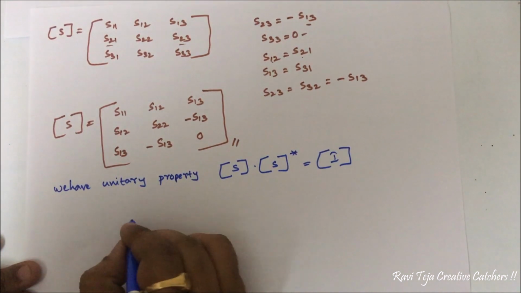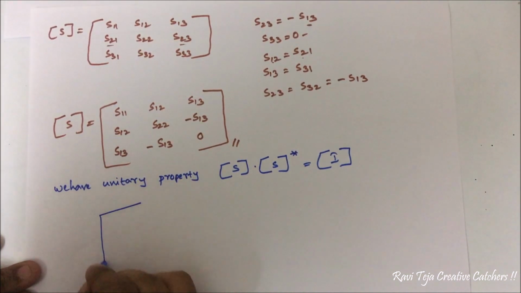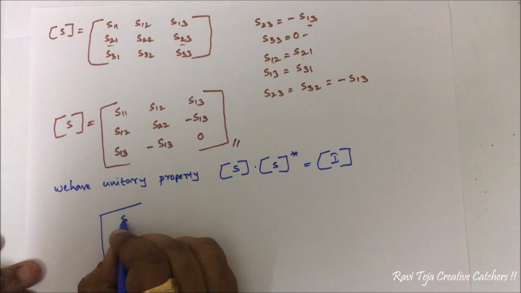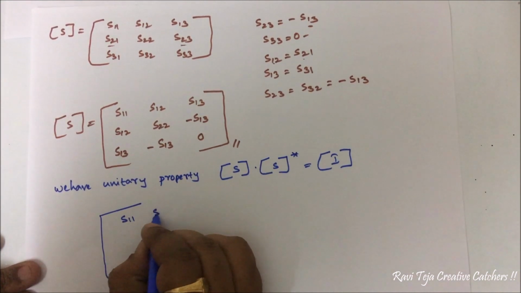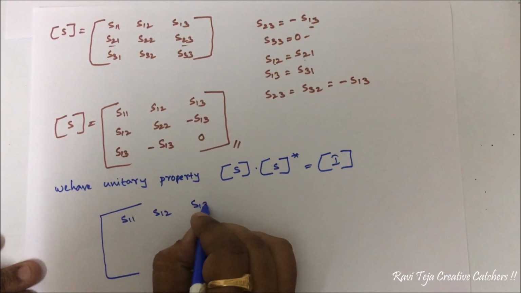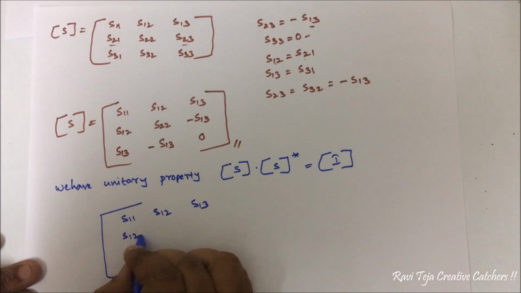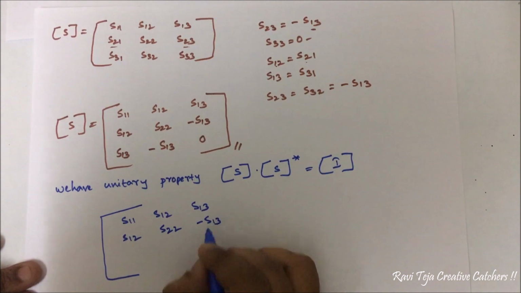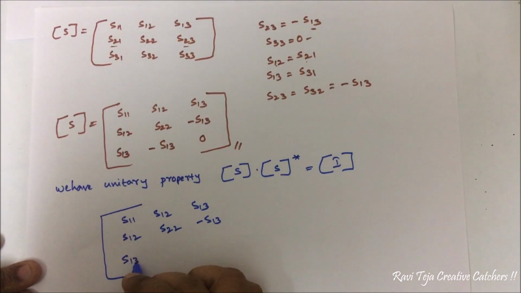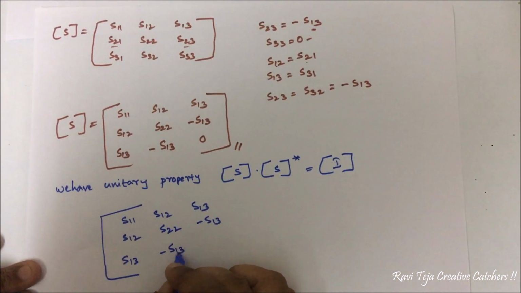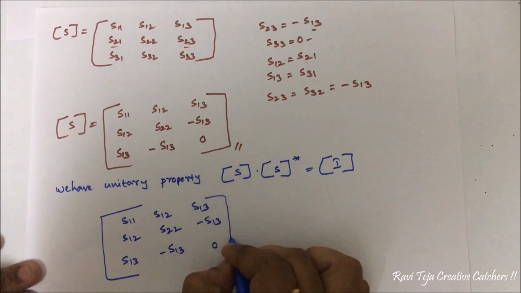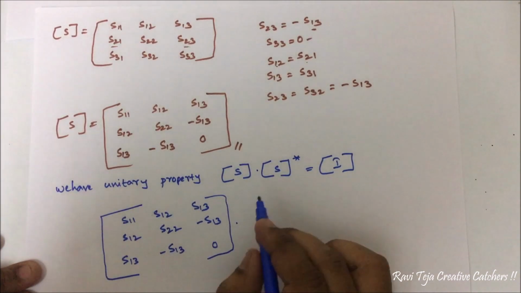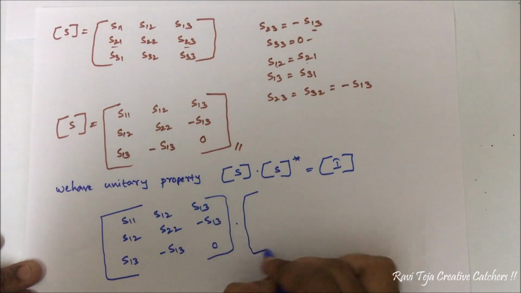We need to rewrite it in this unitary property formula. So it becomes S11, S12, S13, S12, S22, minus S13, S13, minus S13, 0 into, we need to substitute as S star, right.